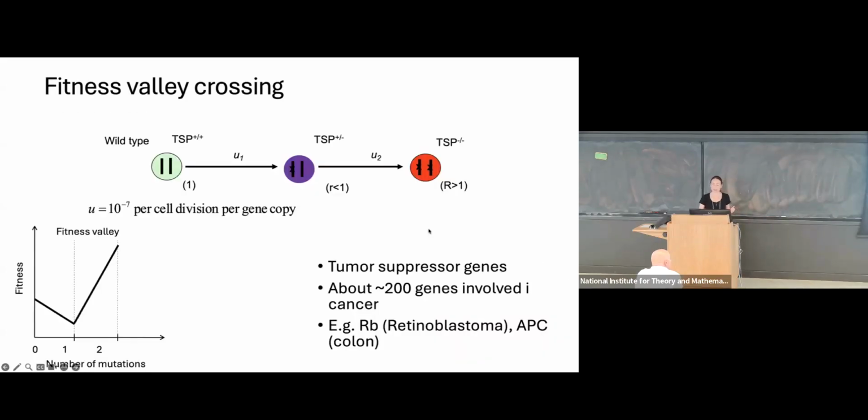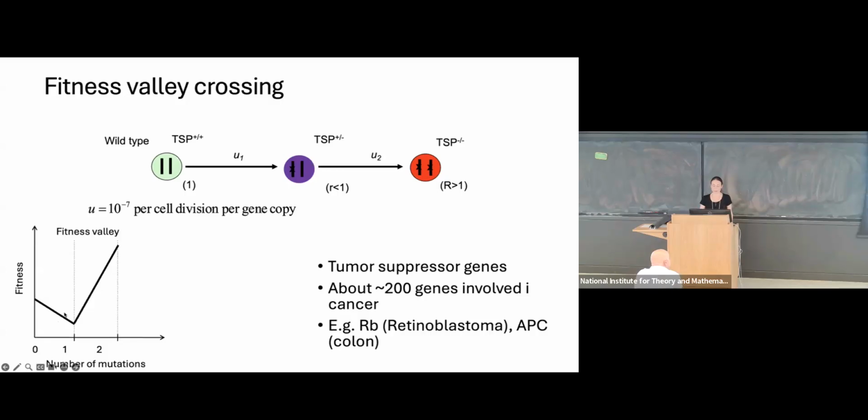In cancer, a lot of cancers start by a sequence of two events. Here is a cell with two copies of intact gene, and then the first copy gets inactivated. But this cell is not a fit cell. It's the opposite. Its fitness goes down. But when the second copy of the gene gets inactivated, this is a supercell. It has a very high fitness.